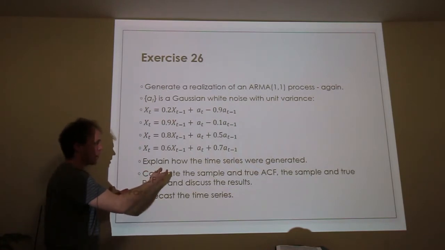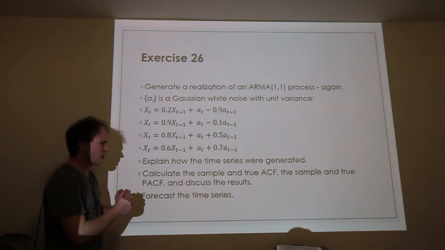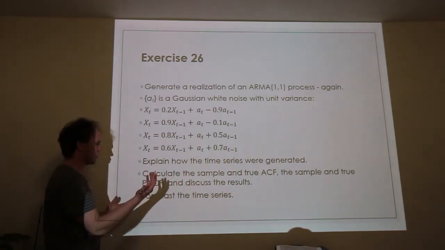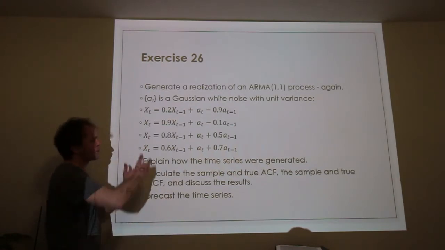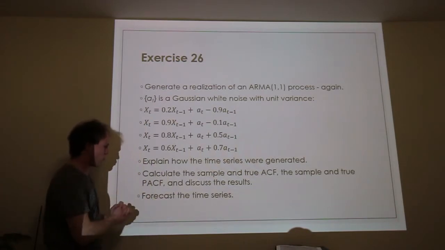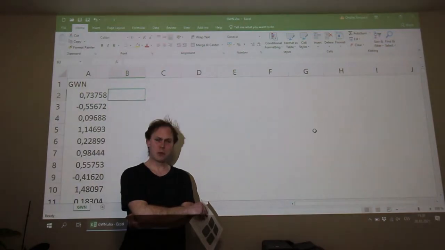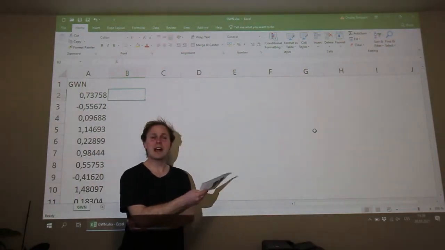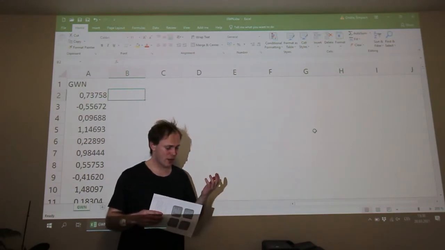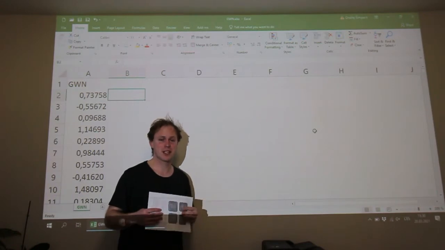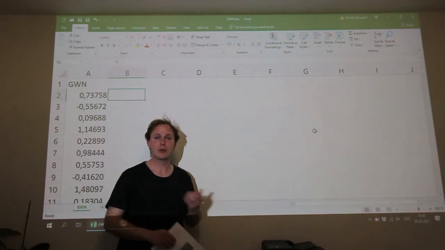We'll explain how the time series were generated. We'll calculate the sample and true autocorrelation function, the sample and true partial autocorrelation function, and we will discuss the result. If it will be possible, we will try to forecast time series. You probably remember that at the end of our previous seminar, we generated two ARMA processes on basis of generated Gaussian white noise process.